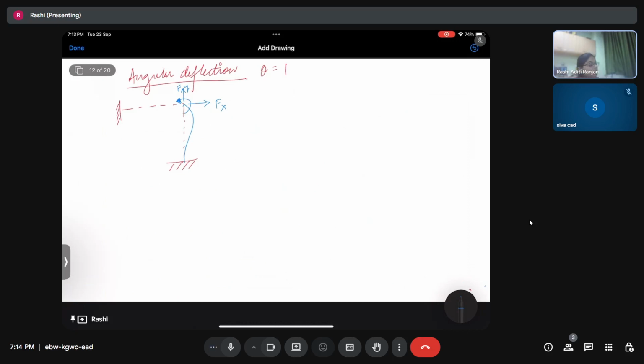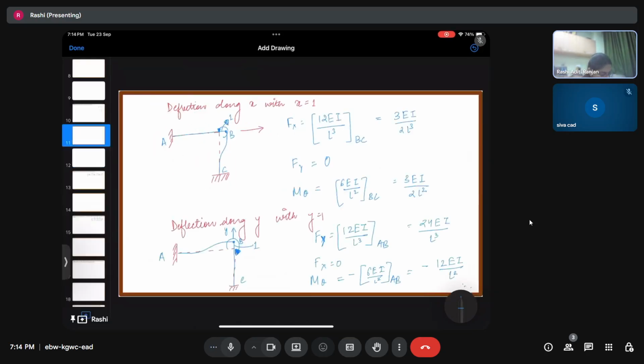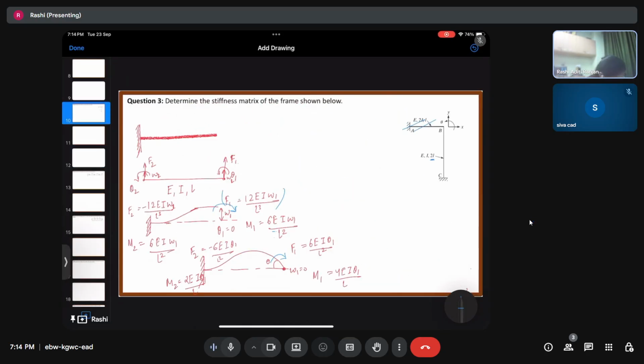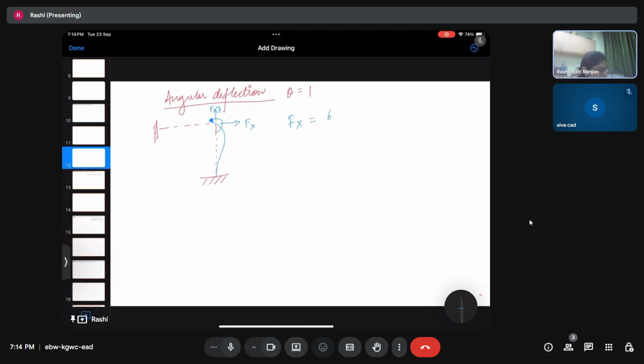Now in this case, fx is going to be what? We know it from here. Fx is going to be 6EI theta 1 by L square. Theta 1 is 1, so 6EI by L square, which is for x direction.